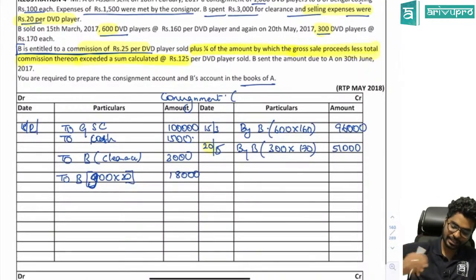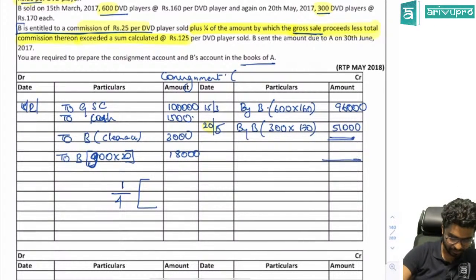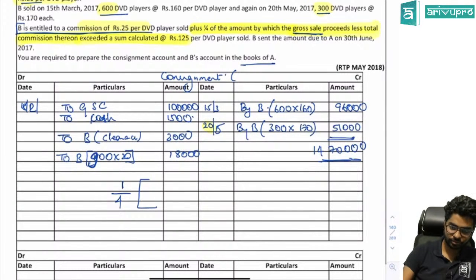Now I'll try making it simpler. Guys, everyone see here. 1/4 of gross sale proceeds. What is the gross sale proceeds? Add up these two: 1 lakh 47,000.